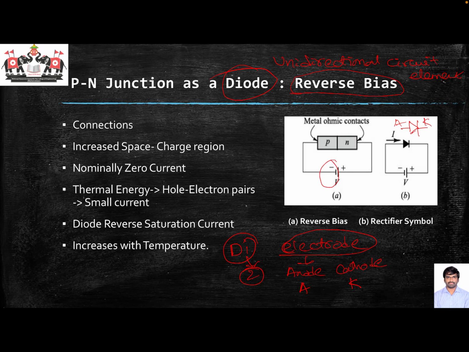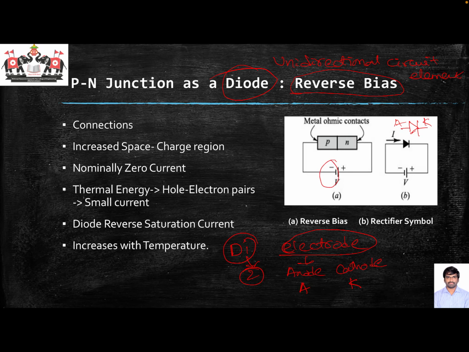When we connect a diode in reverse bias, the space charge region width will increase. Why will it increase? It is because the holes on the P side are attracted towards the negative terminal of the battery.